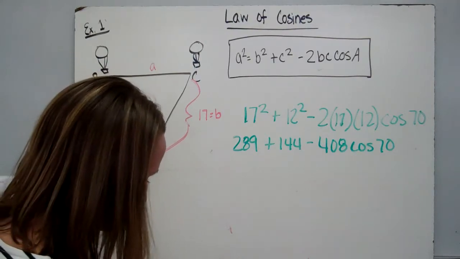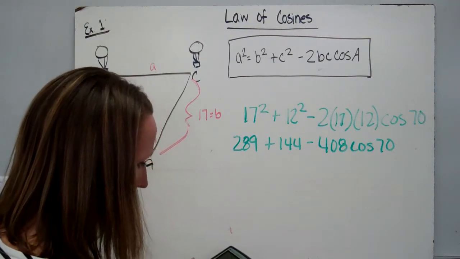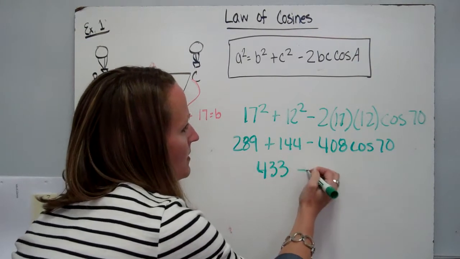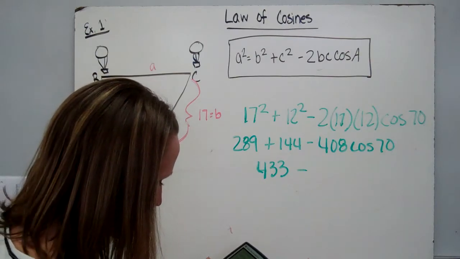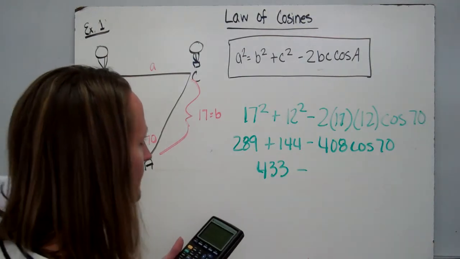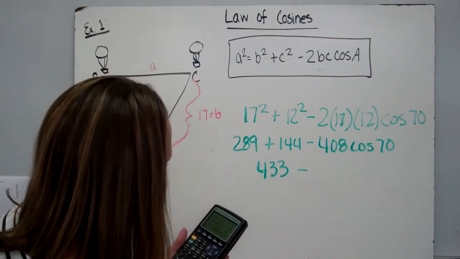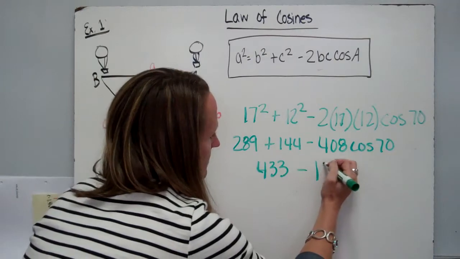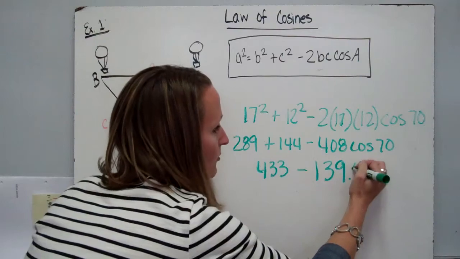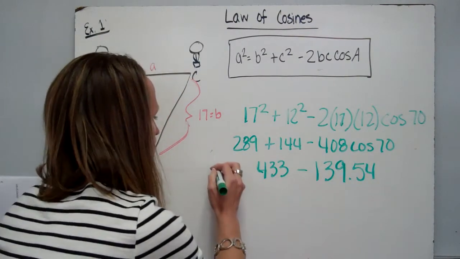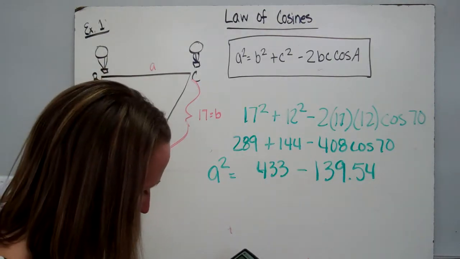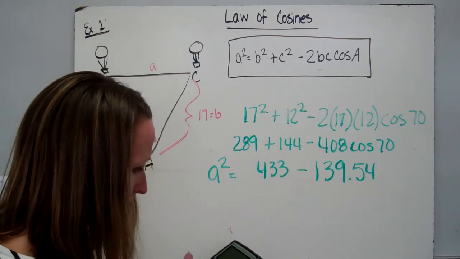So when I do these, let's see, 289 plus 144 gives me 433. And then over here, 408 times the cosine of 70 gives me 139.54. Okay, so now I can just subtract them. Remember, I'm looking for A squared. So I get 433 minus 139.54.